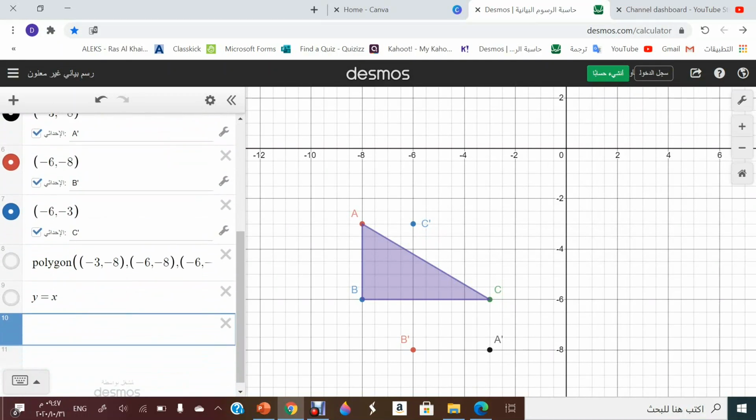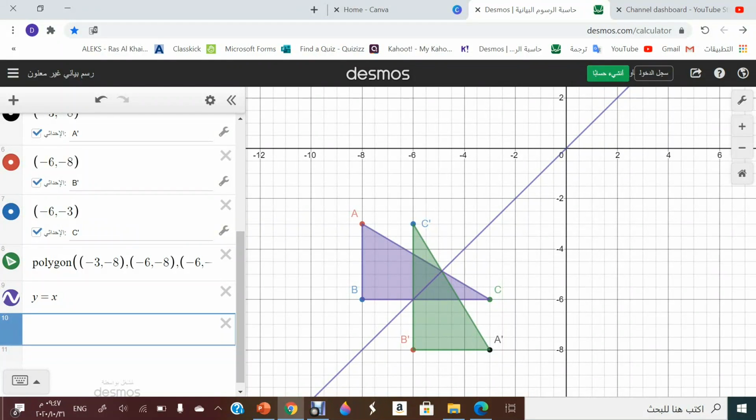Then we will be graphing the other polygon, and let's now check the difference between C and C dash, between B and B dash, A and A dash. I will be graphing the line y equal x to compare between each other.